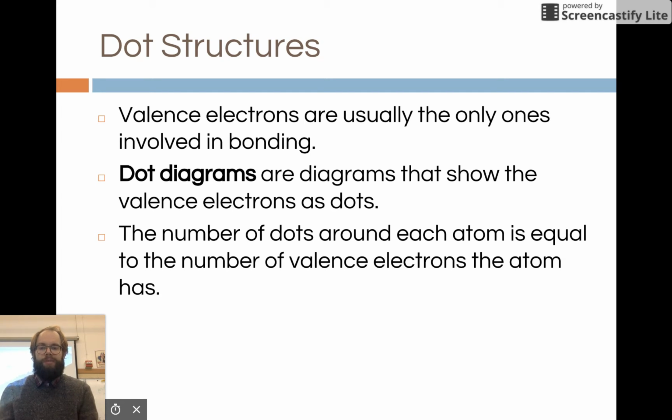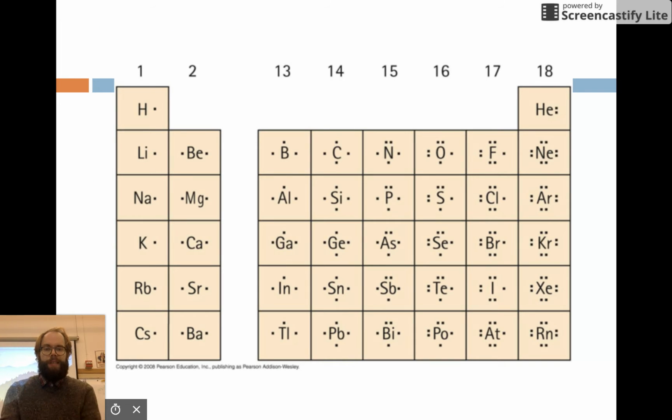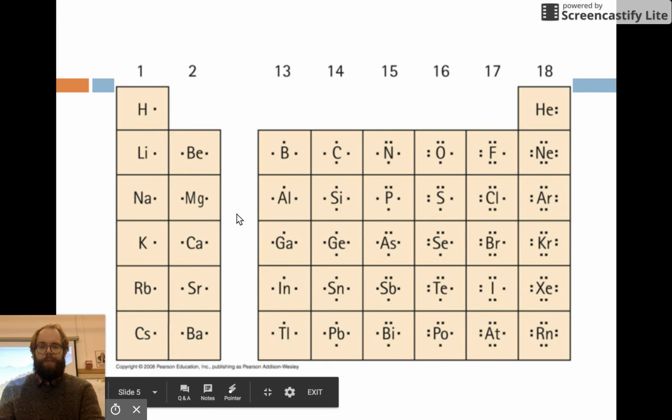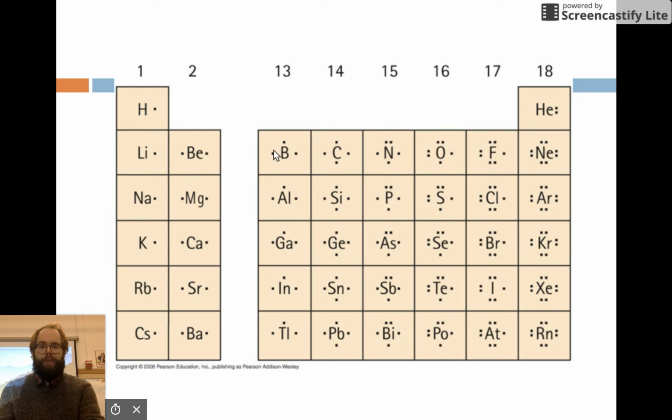What they are is little diagrams that show you how many electrons you have in each element, in each atom. So here is a very basic one of the representative elements. Your first 2 columns, as you can see, 1 there, 2 there, 3 and 13, 4 and 14, like I mentioned, look at those 4 in carbon, all the way to 7 in fluorine and 8 in neon.